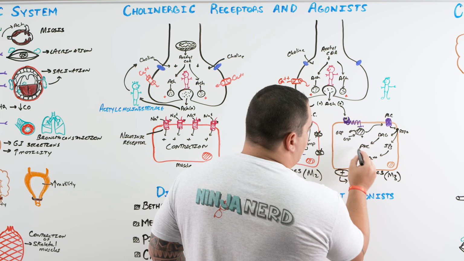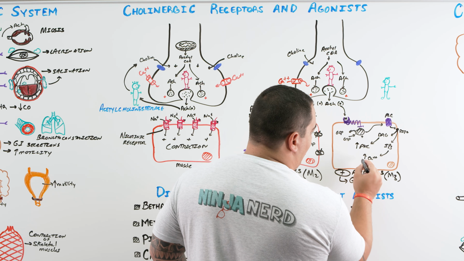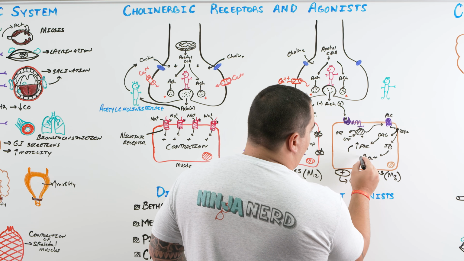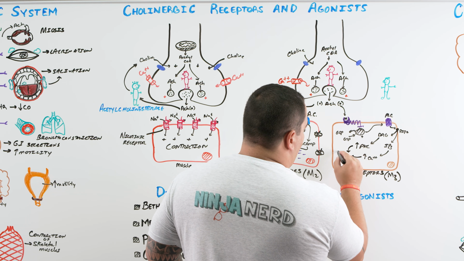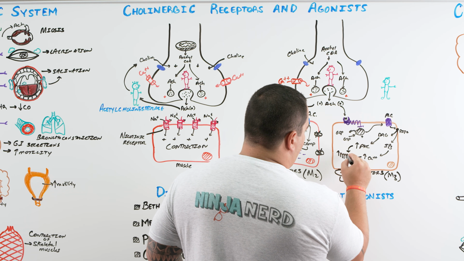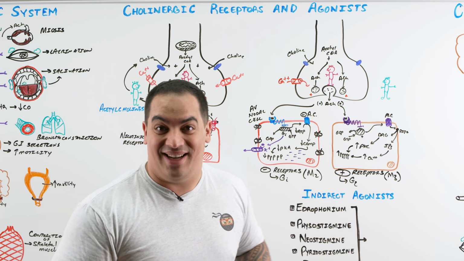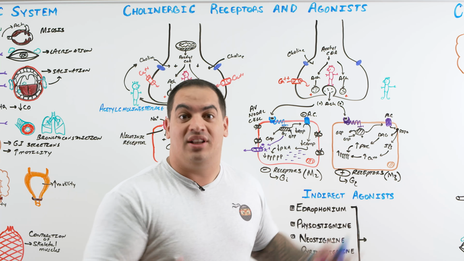The whole concept is that if you have an increase in protein kinase C and an increase in calcium, you're going to cause a lot of phosphorylation of particular proteins and increase the activity of these proteins, increasing the response.